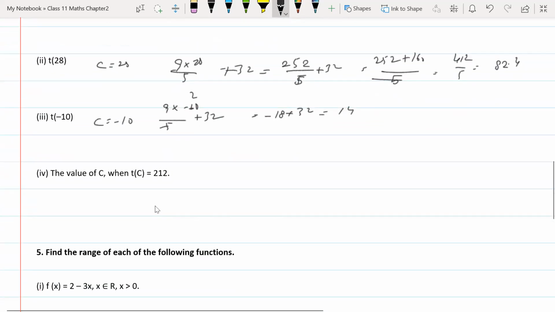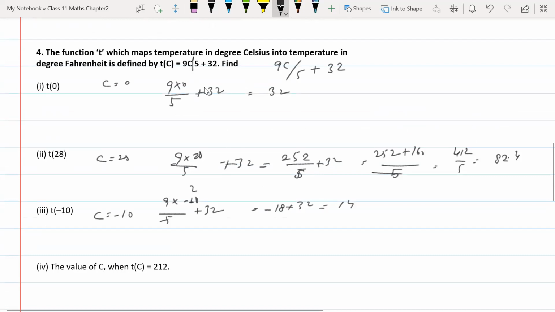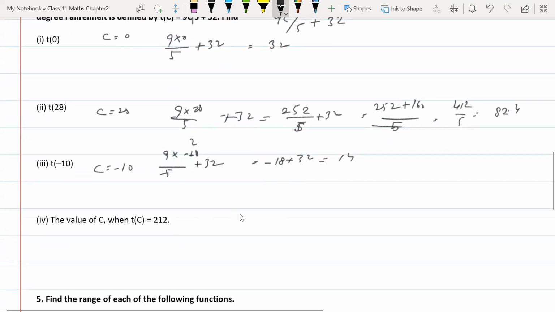And if t(C) is equal to 212, here t(C) is 9C by 5 plus 32, it is equal to 212 in the fourth case.